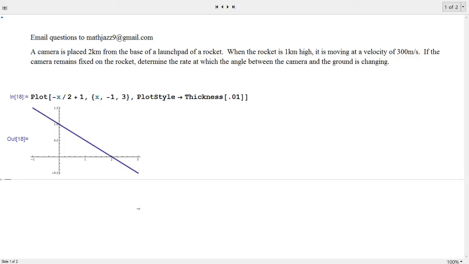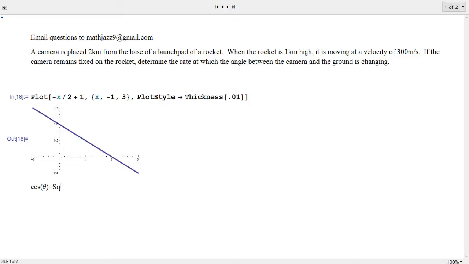So the way that that gets represented is cosine of theta is equal to the distance between the rocket and the camera, which is going to be the height of the rocket. Well, we're going to use the Pythagorean theorem here to get the hypotenuse.